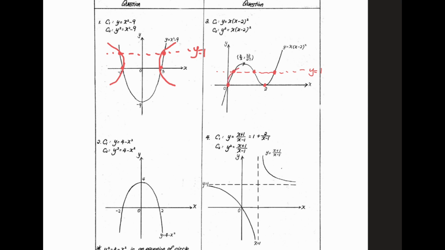More than 1, the graph is smaller. When y is less than 0, the graph will disappear for this part. And the other thing is symmetry. So we make the graph symmetric, and we get the graph of y squared in red color.